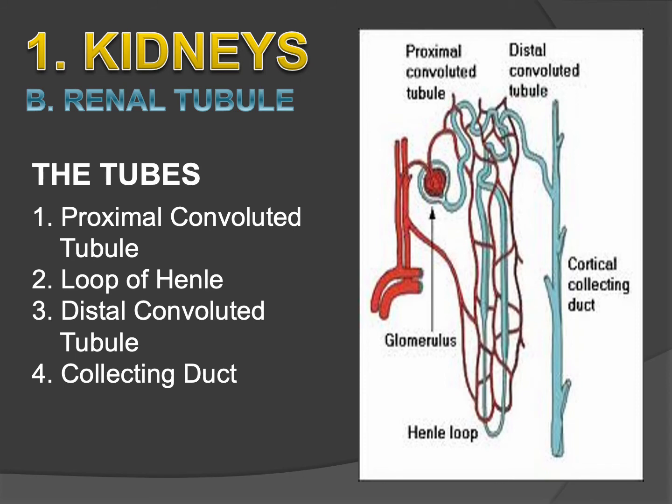Yung mga color blue is the other part of the nephrons. Yung color blue, yan ang renal tubules. The first wrinkled part, yung pinakamalapit sa glomerulus is the proximal convoluted tubule. Yun namang loop sa ilalim is the loop of Henle.